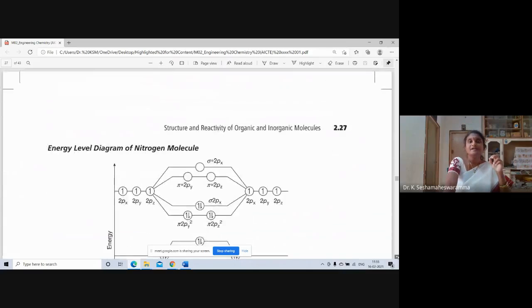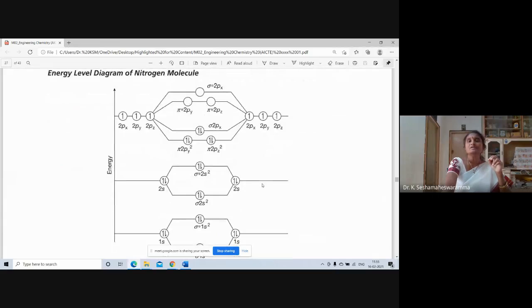But all these are vacant, hence the molecule has a lot of stability. Only bonding molecular orbitals are filled with electrons.